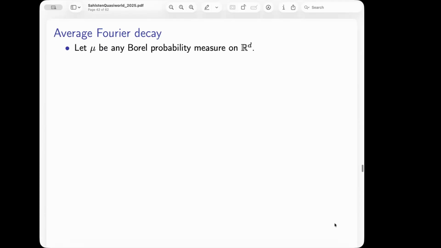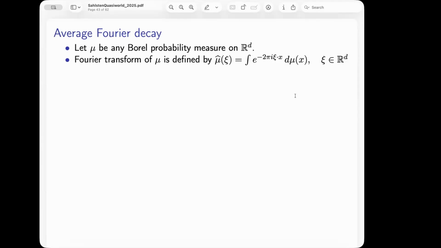So what is average Fourier decay? Let's take any measure. This becomes a geometric measure theory talk for a few minutes. For a measure on RD, the Fourier transform is defined by this quantity, this complex number. We've seen this already. You can see the inner product appearing in the exponent, so if there's a concentration of the measure on many subspaces, this will be picked up by this quantity.